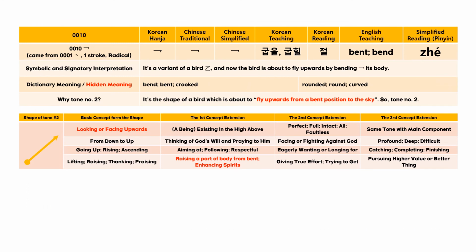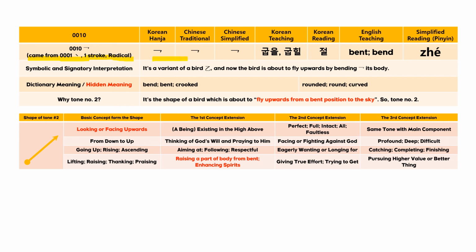This character came from the dot. Mathematically, all lines came from the dot. In a hidden meaning, it was the sky, earth, and man, the first character, dot. So one stroke, one of the radicals.